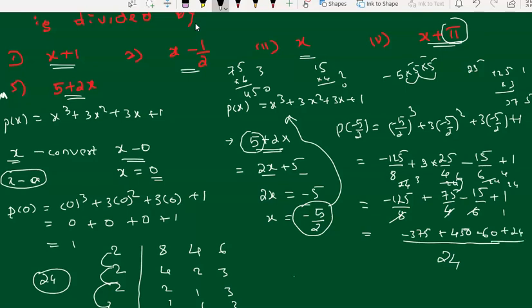So now you do this. You add these two things, negative terms, add these positive terms. Here what is there? Minus 375 and 60, minus 60. Okay, it is totally minus 435 plus 450 plus 24.